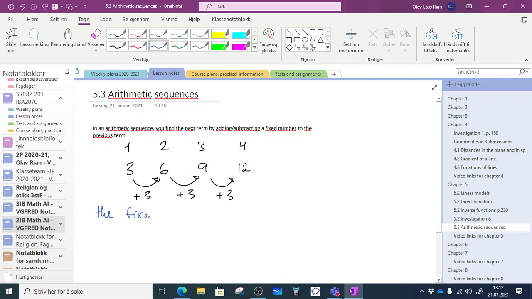Now, this fixed number is called d, or the common difference.